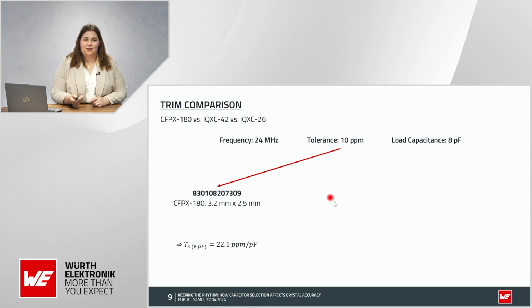Remember, we have a tolerance of 10 ppm, meaning if you choose the wrong capacitance value, you will be immediately out of the tolerance spec. So you can buy a really good crystal with a really good tolerance, but if you don't have the proper design-in for the capacitors, you will end up out of specification by just 1 picofarad.